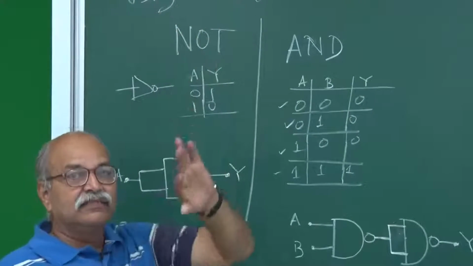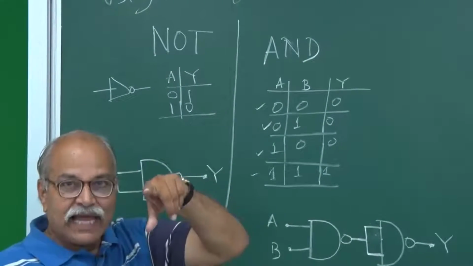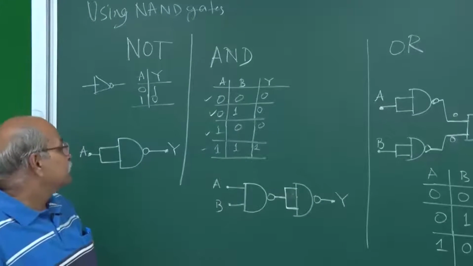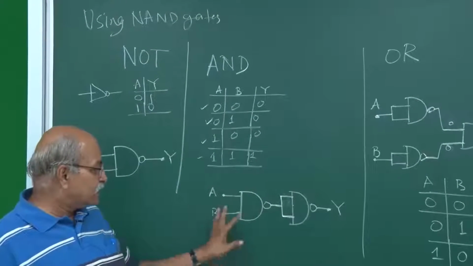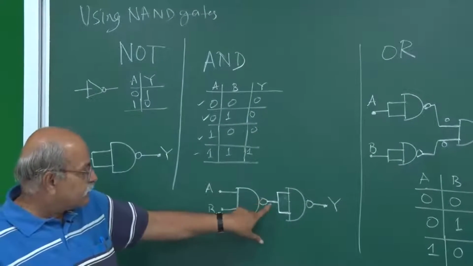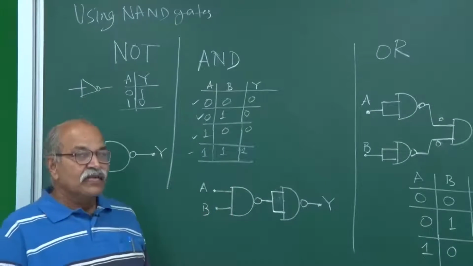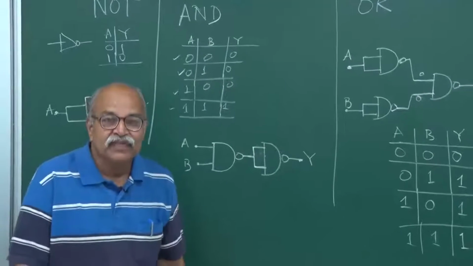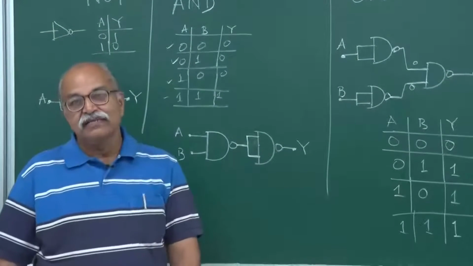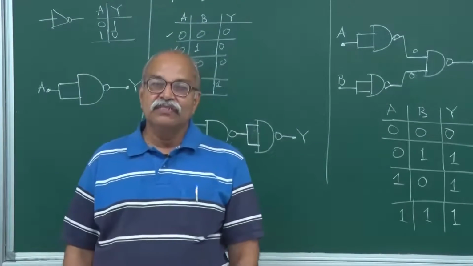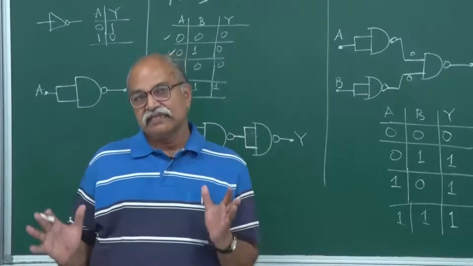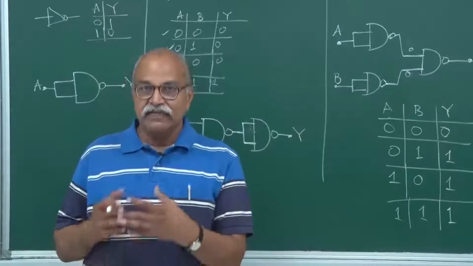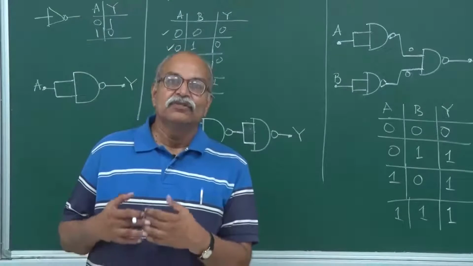One was this NAND gate and the other was NOR gate. You know what AND is, then NAND is not of that. So, that is NAND, and the symbol is also of that variety. This is the symbol for AND and this circle makes it NAND, and similarly if you have OR, then not of that is NOR. And these two are called universal gates because any kind of digital circuit can be made only through NAND gates or only through NOR gates.